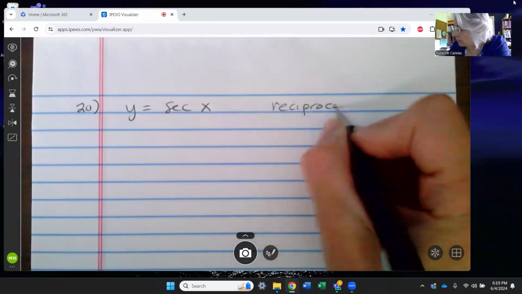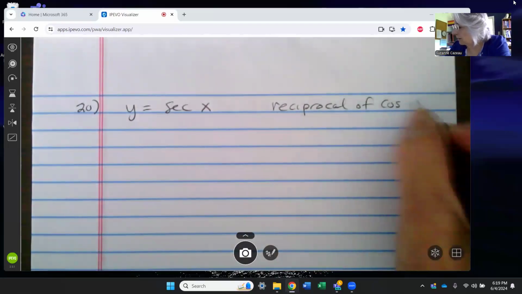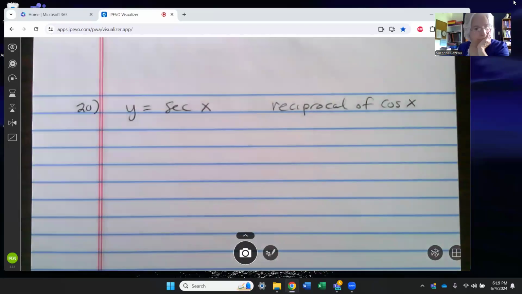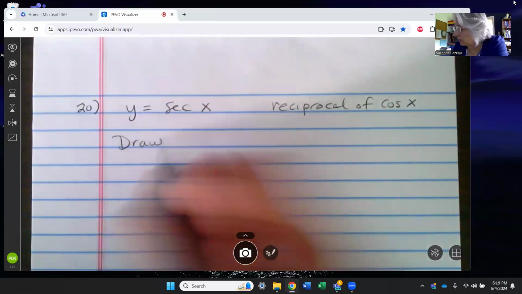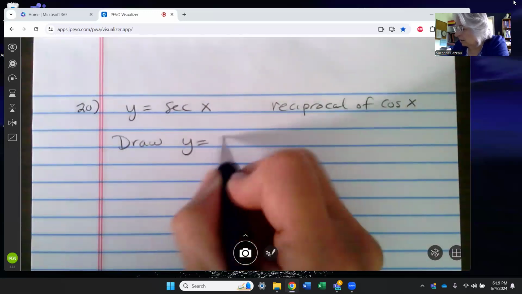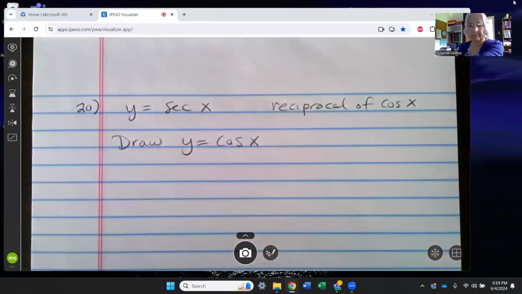Reciprocal of cosine. So what that means is wherever the cosine is 0, the secant is going to be undefined. So what we want to do is draw y equals cosine of x.